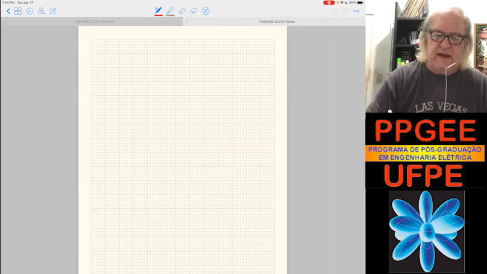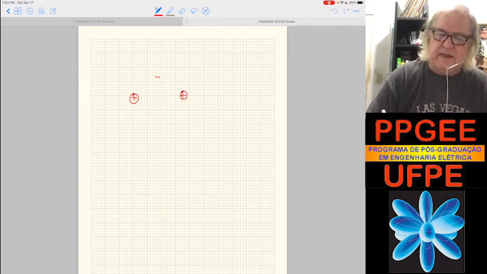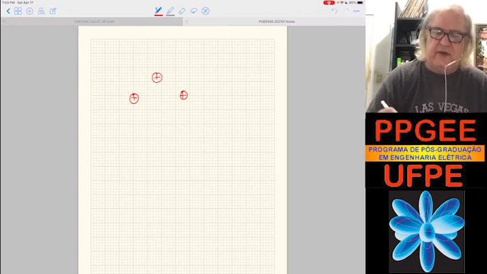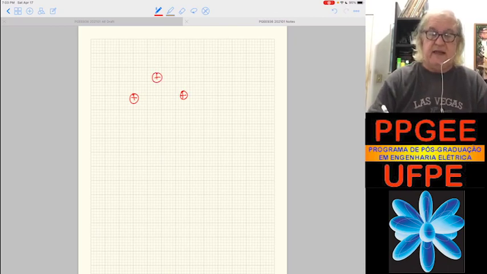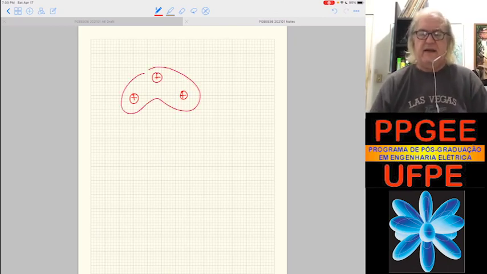So I have hydrogen here, and I'm going to put just a positive nucleus, that's oxygen there, and we have an electronic cloud that's something like a boomerang.